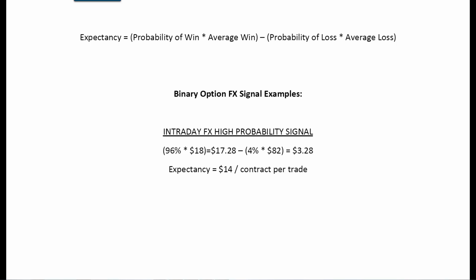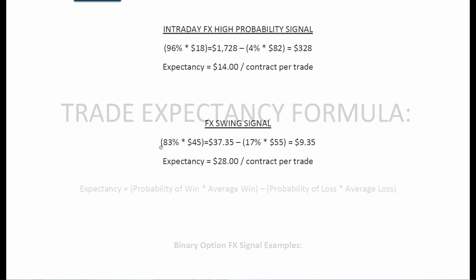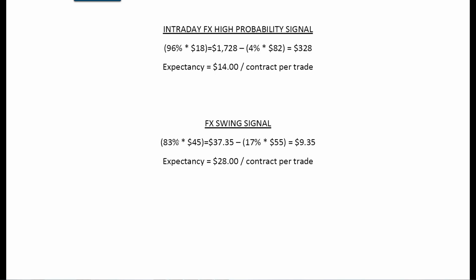Okay, now let's try the FX swing signal. This one's a little different statistically. They have a little bit of a lower win rate, but a higher capture. So average on swings is 83% times $45 capture. So 83% of 45 is $37.35. 17% of the time we lose, and when we lose, it's $55 premium.